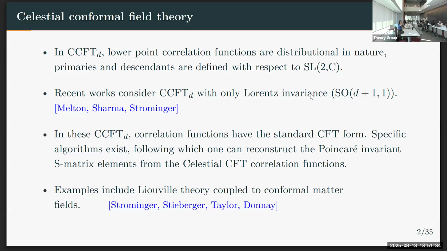I've heard this claim before that in Celestial CFT the endpoint functions are distributions. I'm confused what that means, because I would say that generically the endpoint functions of quantum field theory are distributional. So are you saying that it's more singular than the usual quantum field?